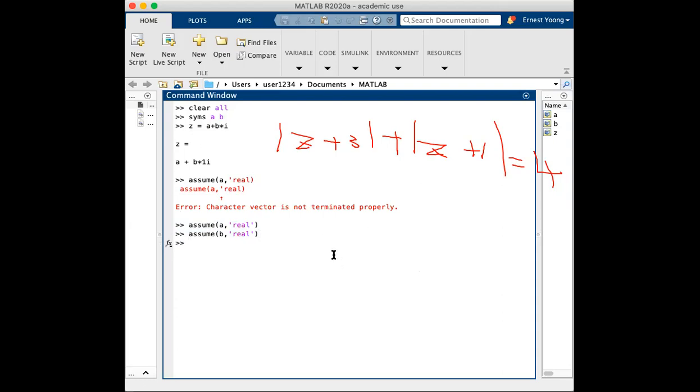Okay. Then I'm going to type in my equation. It's equal to absolute z plus 3, plus absolute z plus 1, and it's equal to 4.